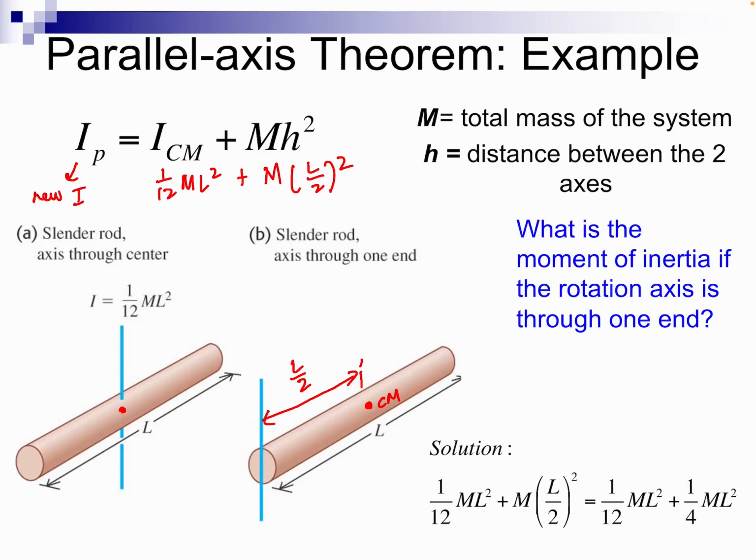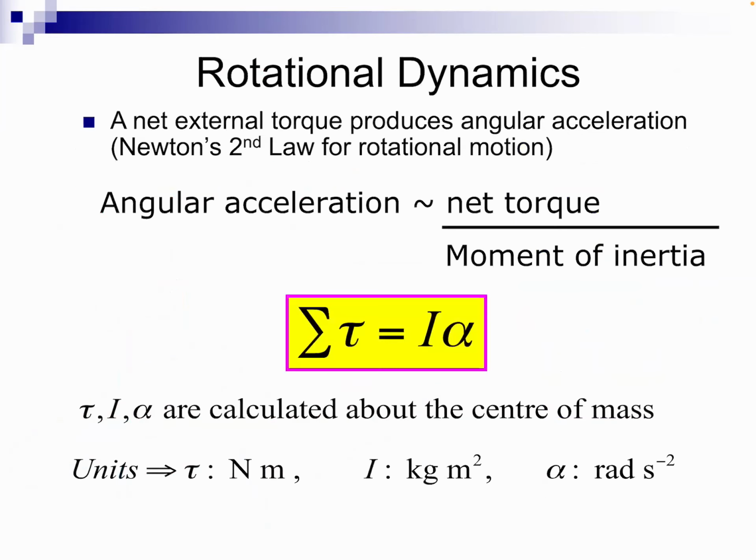Or for defined shapes, we have defined moment of inertia equations. If we change the axis of rotation for these defined shapes, we can find the new moment of inertia using the parallel axis theorem. So far what we've defined are the different variables that we need to define rotational dynamics in the same way that we defined translational dynamics with Newton's laws of motion.